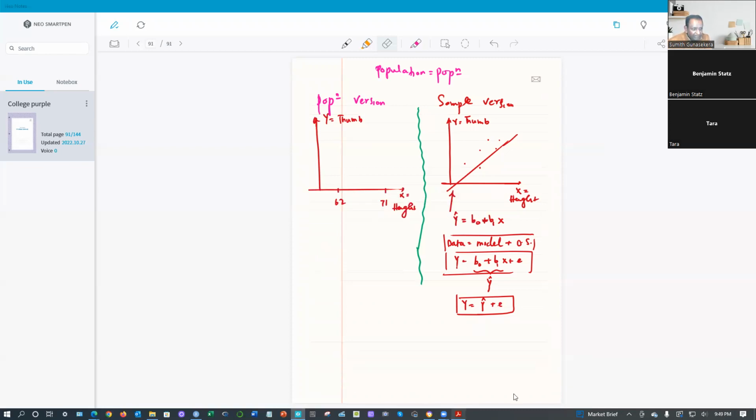In the sample version, we normally have only one dot corresponding to that, only one data point at 62.